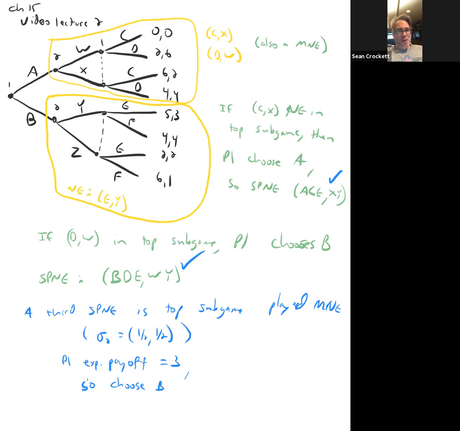FZ. If player one is picking F in the bottom subgame, player two won't choose Z, she would pick Y. Because if player one is choosing F, player two's payoff by choosing Y is 4, and by choosing Z she gets 1.